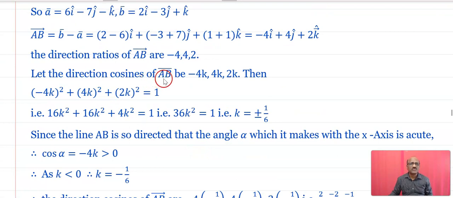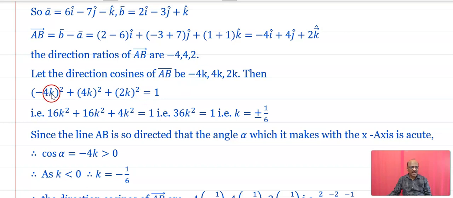Let the direction cosines of AB bar be minus 4k, plus 4k and plus 2k. Then minus 4k whole square plus 4k square plus 2k square equals 1. We know that l square plus m square plus n square equals 1, using that formula.